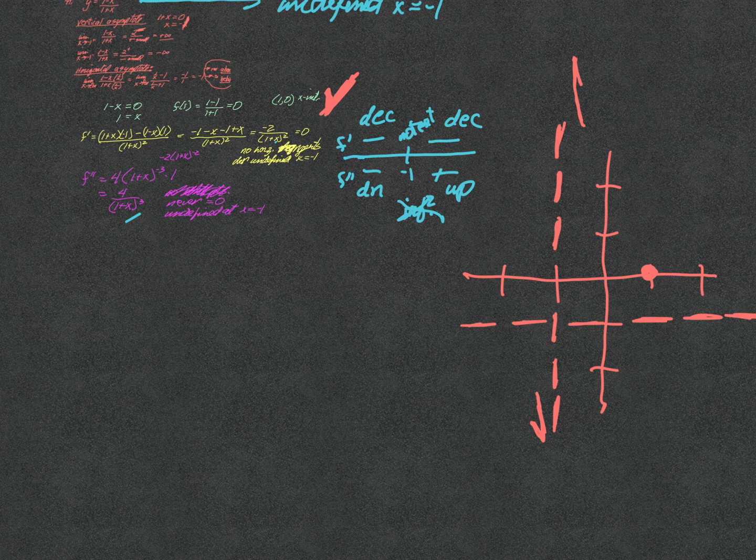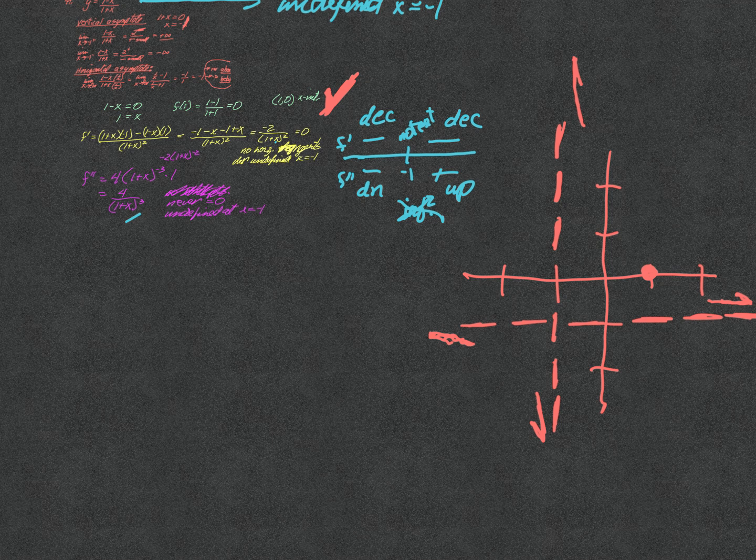So something like this would be correct. On the horizontal asymptote, if we were approaching positive infinity, we knew it was going to be above the asymptote. And if we were approaching negative infinity, we knew it was going to be below the horizontal asymptote. So there we have that.